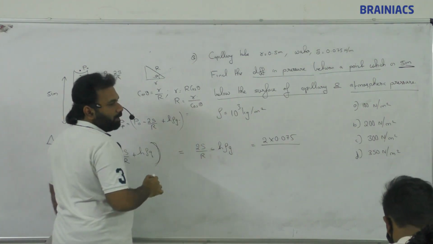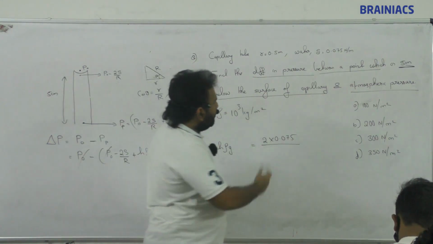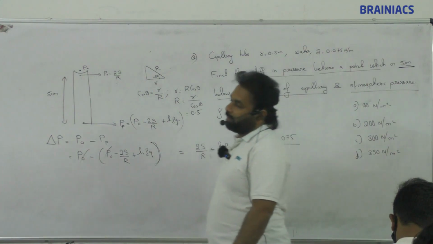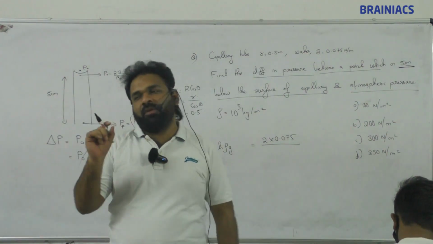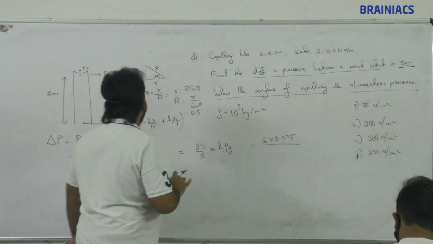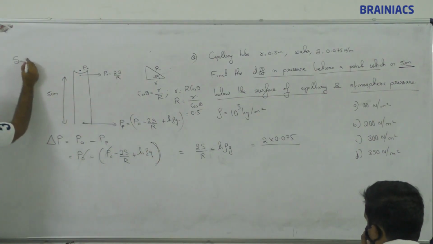What is this small r? 0.5. Whether they have given cos theta? They haven't given cos theta. When they haven't given cos theta, it means the angle will be very small. When the angle is very small, in the case of sin theta, what we used to write?